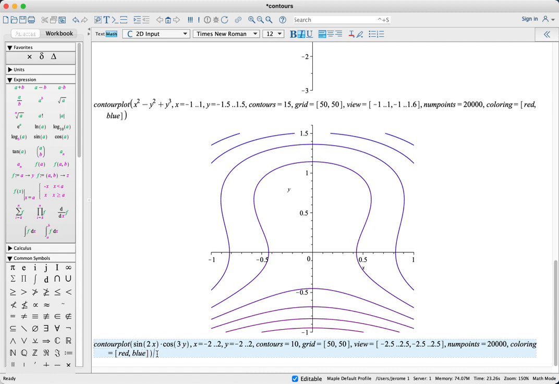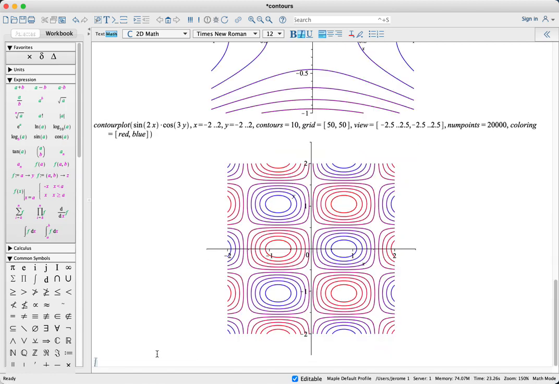So let's see what the contour plot for this one looks like. Oh wow, that is interesting. But not surprising though, when you think of the fact that sine and cosine functions are periodic. So you end up seeing this kind of repetition, hot, cold, hot, cold.